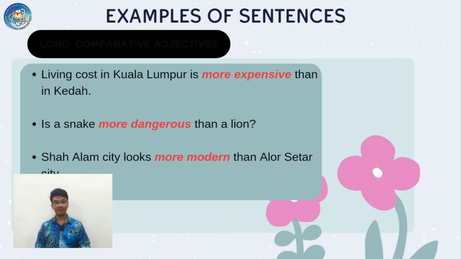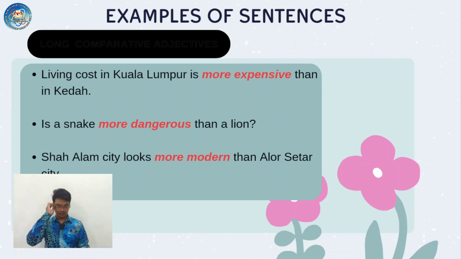Here are some examples of sentences for long comparative adjectives. The first one is, living cost in Kuala Lumpur is more expensive than in Kedah. Here we have the comparative adjective more expensive to compare the living cost in Kuala Lumpur and Kedah.